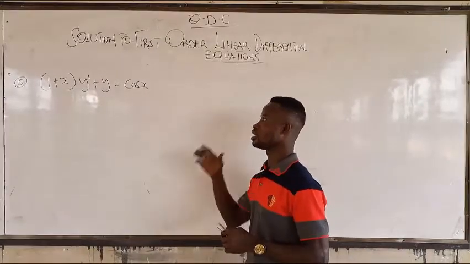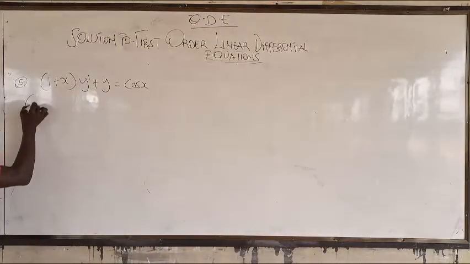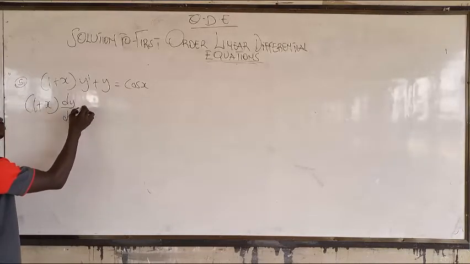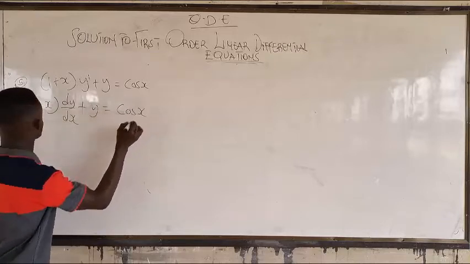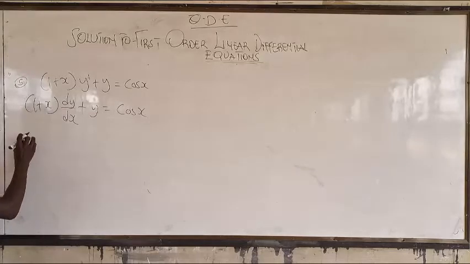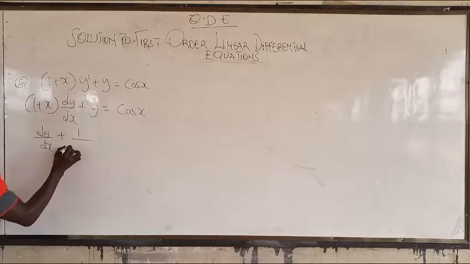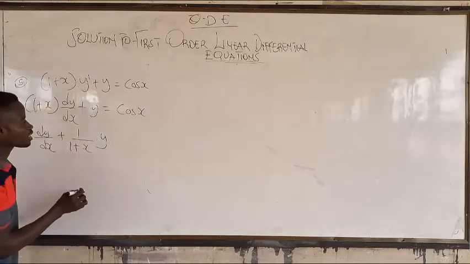Very good. So what do we do? Let's leave it in the proper form, dy/dx. So we divide through by 1 plus x, and you are going to get 1 over 1 plus x multiplying this y.